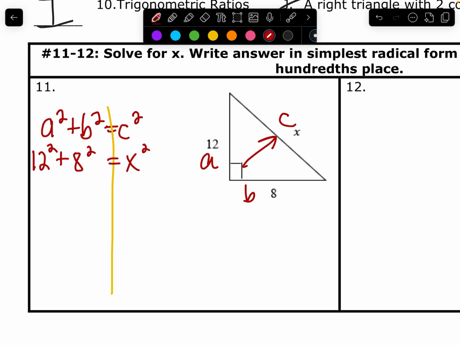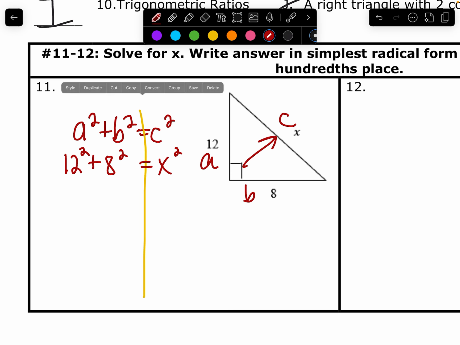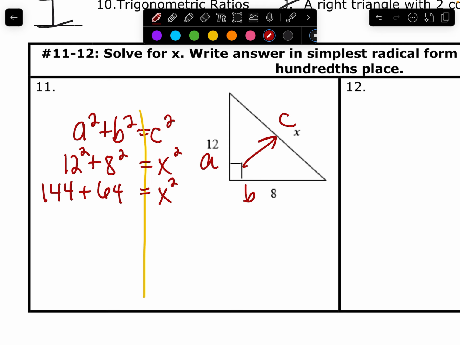What you can do is scoot this over, because we're going to need more space. 12 squared is 144, 8 squared is 64, and the X squared stays the same. Now we're going to add 144 and 64, and that should give us 208. The last step we need to do is take the square root.